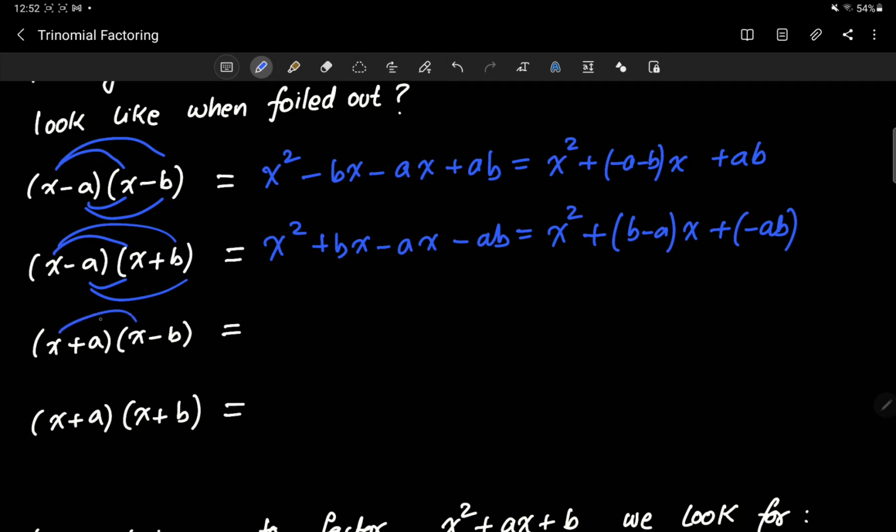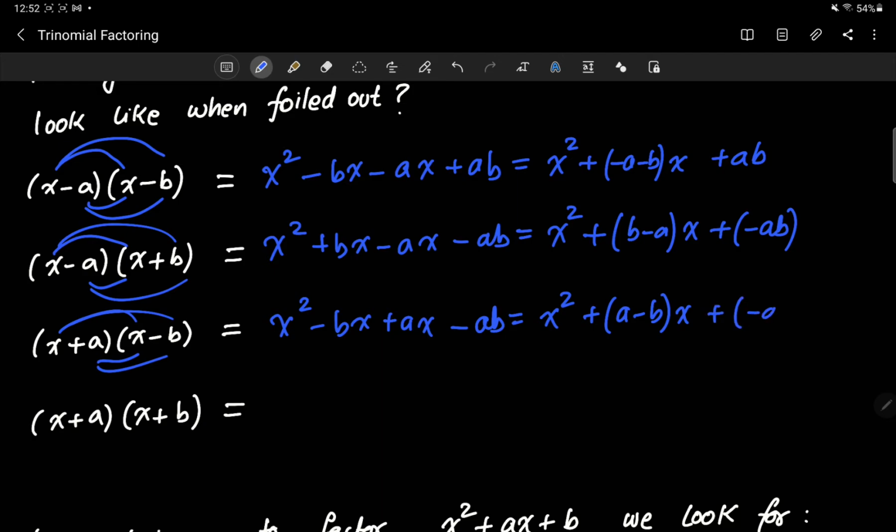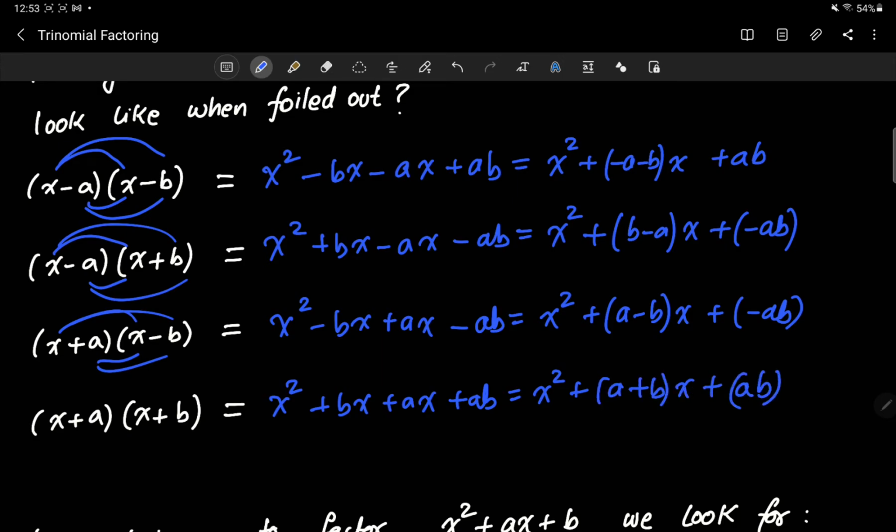Same here: x squared minus bx plus ax minus ab becomes x squared plus (a minus b)x plus negative ab. And the last one is x squared plus bx plus ax plus ab, which becomes x squared plus (a plus b)x plus a times b.